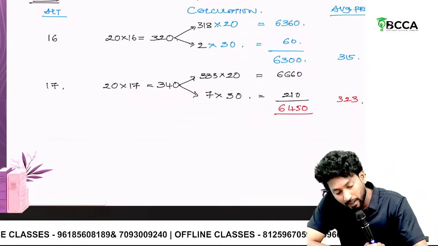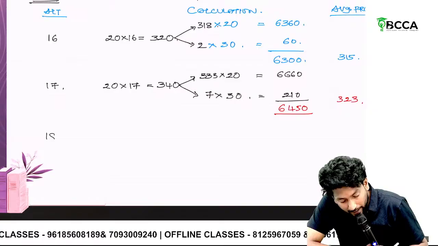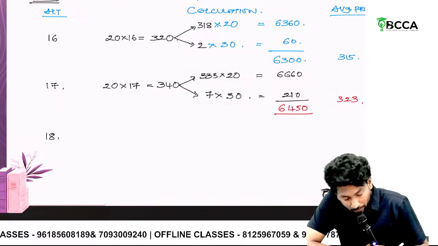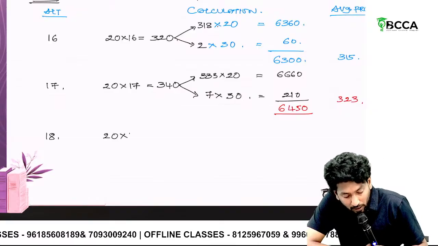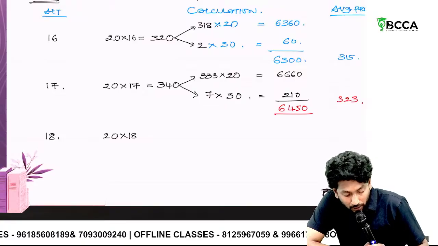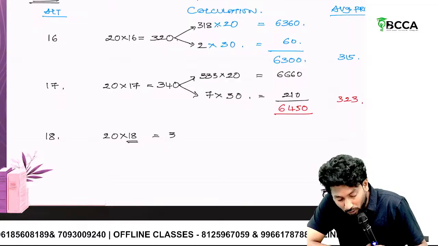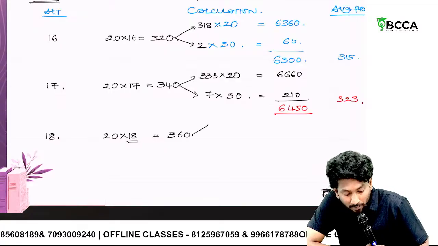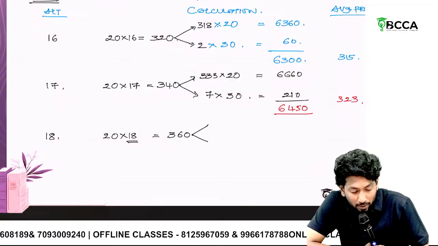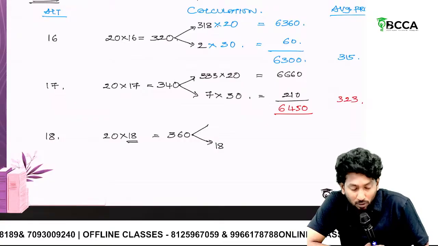Next one. If I maintain 18 books in the store, if I order 18 books for the next 20 years, that means in total I will be ordering 360 books. Out of these 360 books, how many will be unsold? 18.